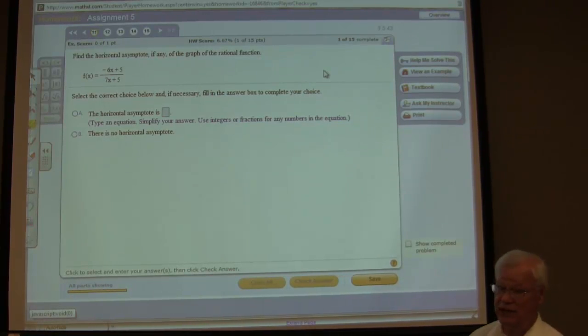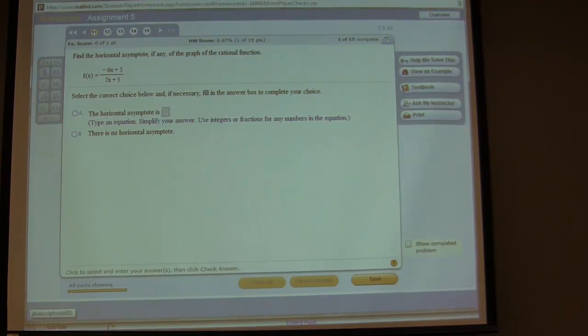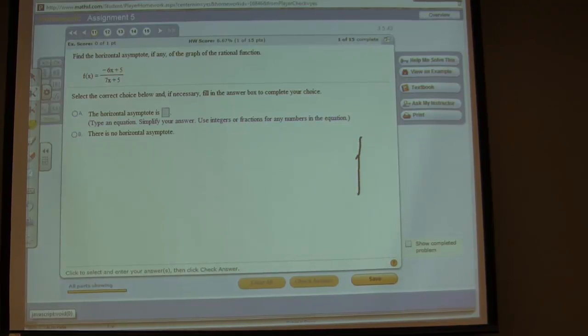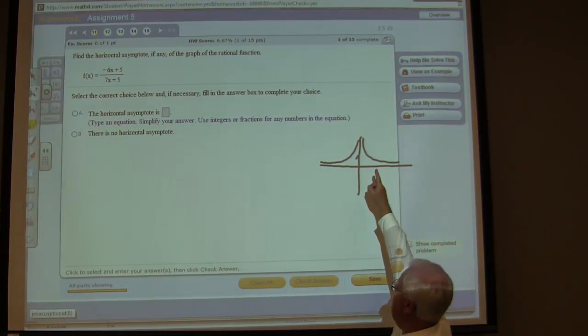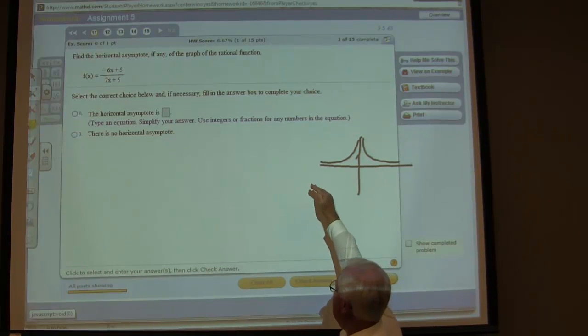For a horizontal asymptote, sometimes our functions are going to do things like this. They're going to tend to get closer and closer to something but never actually get there.